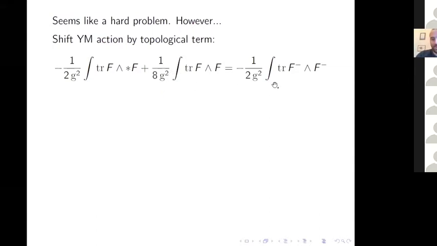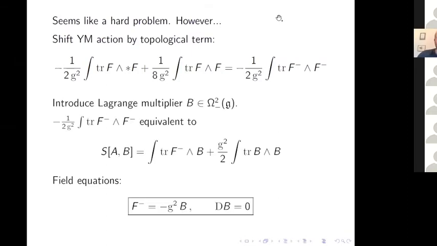That multiple of the topological term miraculously means that the action you wind up with only depends on the anti-self-dual curvature of F. I'll leave it as an exercise to the reader to show that with this appropriately chosen multiple, this is what you wind up with. It's just something proportional to trace F minus wedge F minus. And why is that an interesting thing to do?